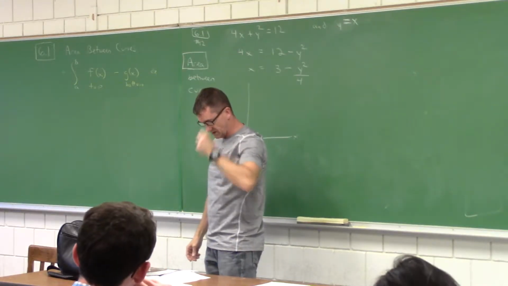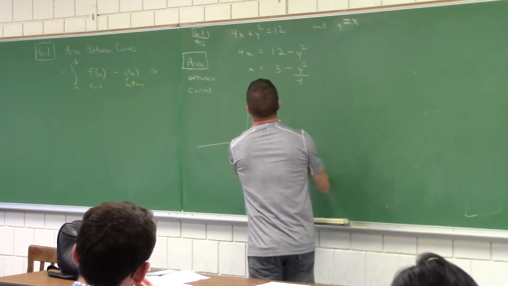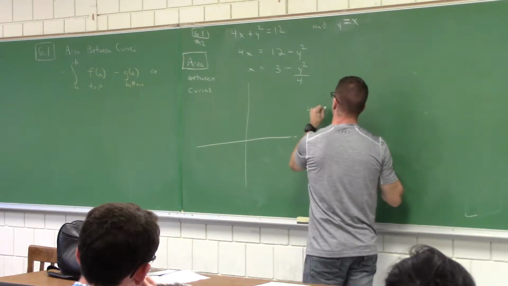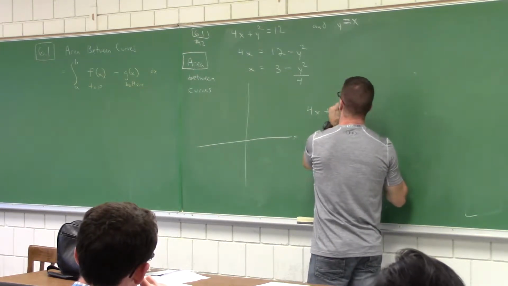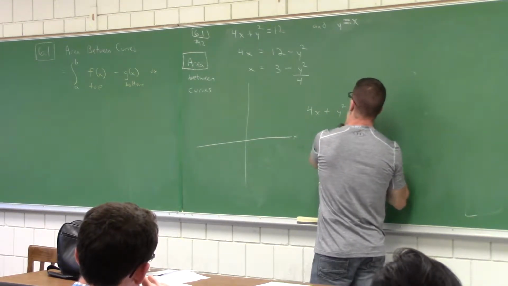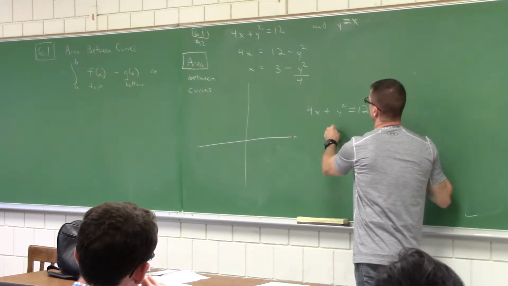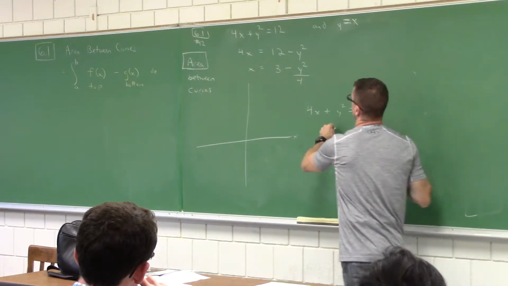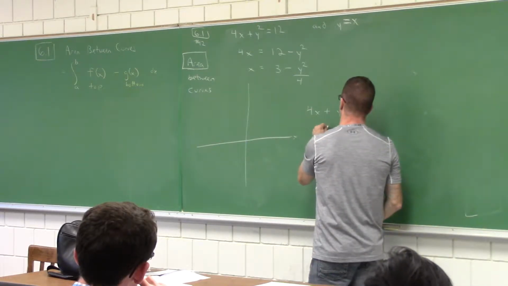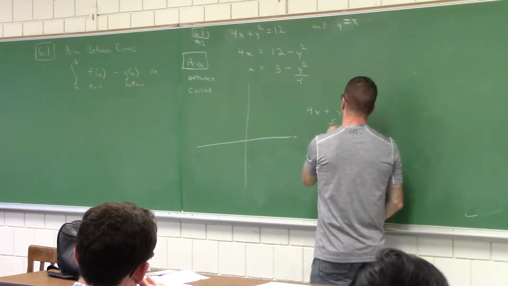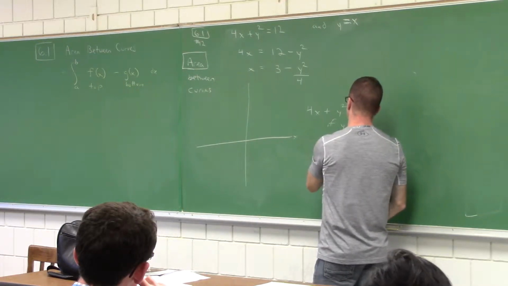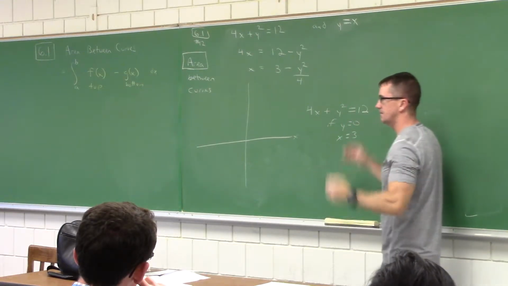Cool. So in this case, 4x plus y squared equals 12. If y equals 0, is x equal to just 3? I just want to make sure.